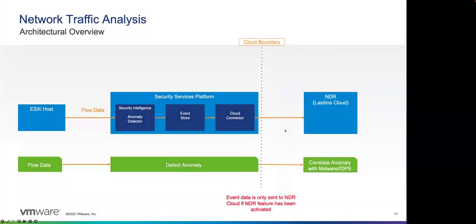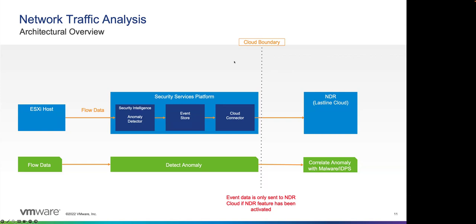So a quick architectural overview: flow data comes from the ESXi host and goes into security intelligence. We run the anomaly detector, we give you an event score, and then we have a cloud connector. This slide is a little outdated, and I apologize for that. NDR is now on-prem. It's no longer in the cloud, so that cloud boundary no longer exists.